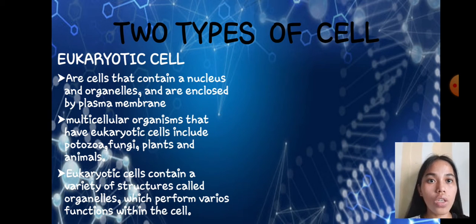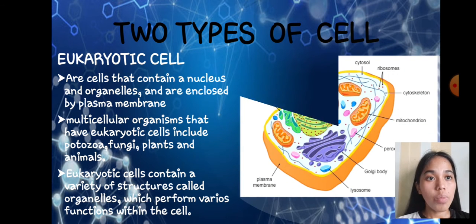First is the eukaryotic cell. Eukaryotic cells are cells that contain a nucleus and organelles and are enclosed by a plasma membrane. Multicellular organisms that have eukaryotic cells include protozoa, fungi, plants, and animals. Eukaryotic cells contain a variety of structures called organelles, which perform various functions within the cell.